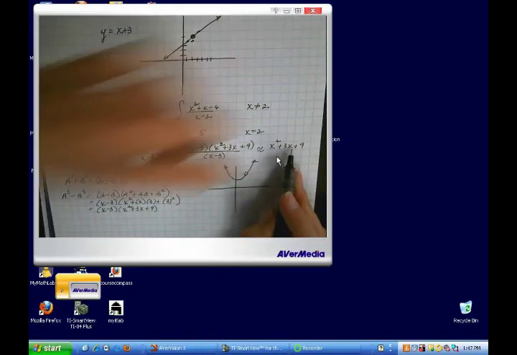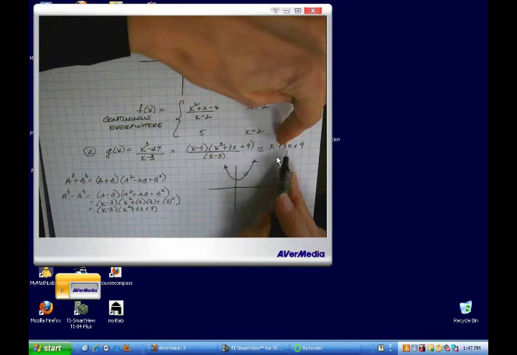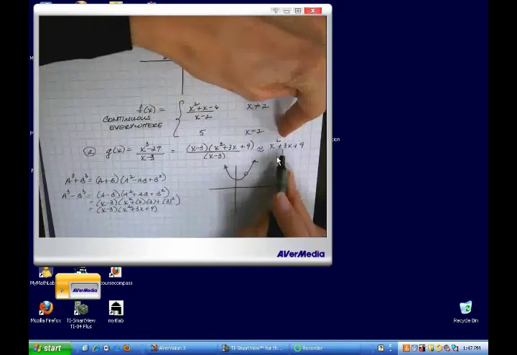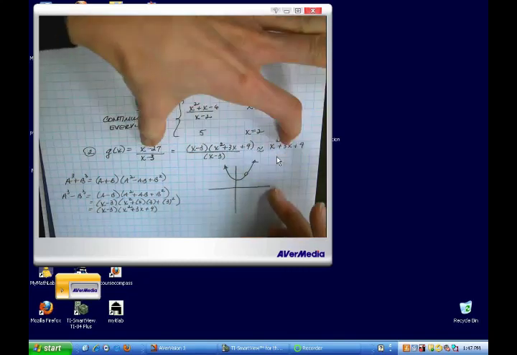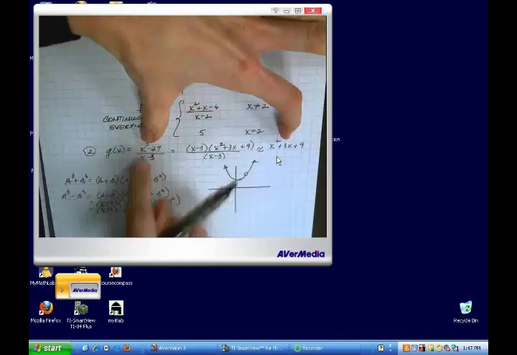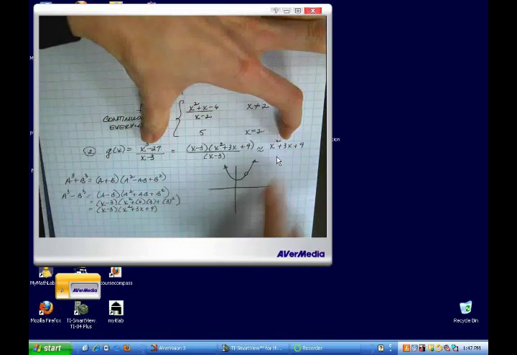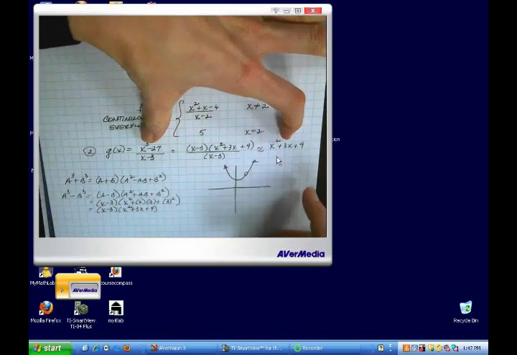So I put the x value of 3 into this version of the rational function to come up with the height of the graph. These two are exactly the same, except this one has a hole in it at 3, and this one does not. So I use this one to determine the height of the graph at 3.